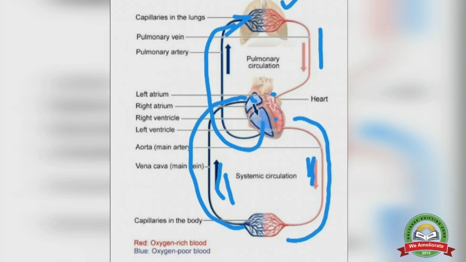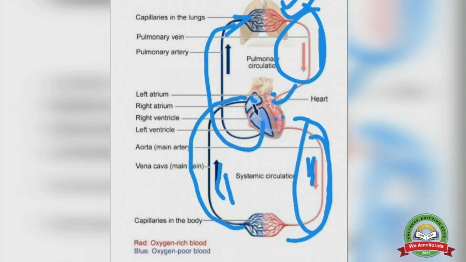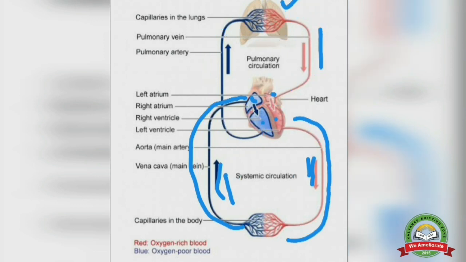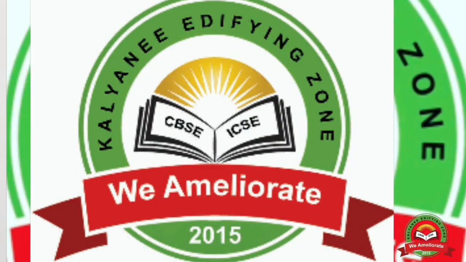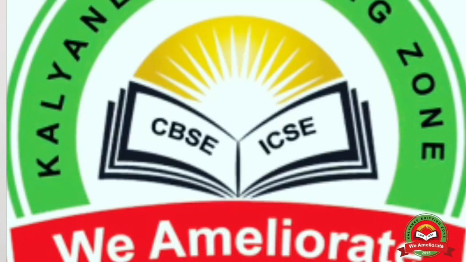So this much you just need to explain in your copy, so that you will get full marks if a long question on heart structure and function comes. Okay, and in short questions also many short questions are there, like from the lungs to the left atrium the vein connected is the pulmonary vein, then from the right atrium the vein is called the main vein, here the vein is called the vena cava. So these things also you guys need to understand.